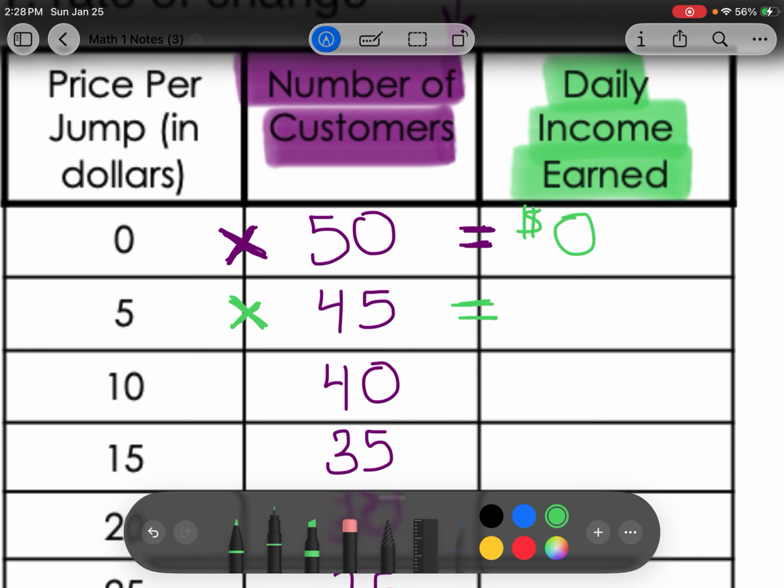And what is it going to get us? Okay, I'm going to change the color of this to match it. Sorry about the wrong color at first. You might be upset, but it's fine. 5 times 45 is $225. 10 times 40 is $400.